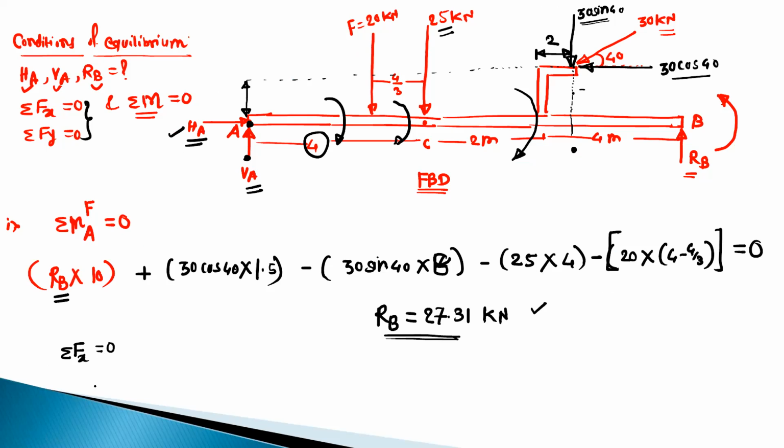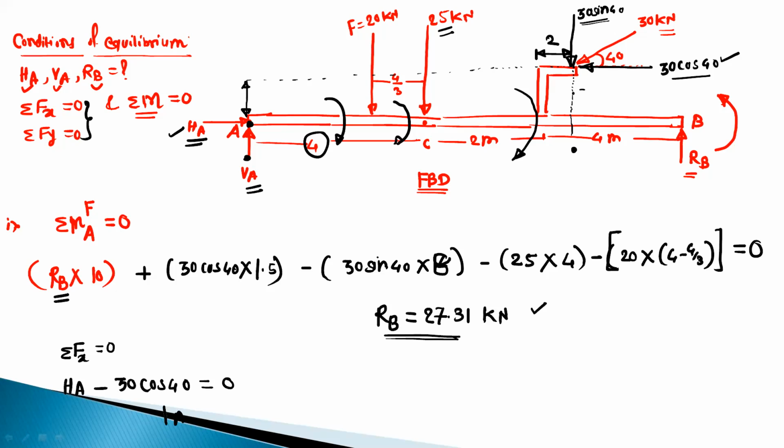So first is HA, and it is acting in the positive x direction. So we have considered HA as a positive x direction. Even you can consider it in the negative direction. So the other force in the x direction is 30 cos 40, and it is in the negative x direction. So it is minus 30 cos 40, which is equal to 0.